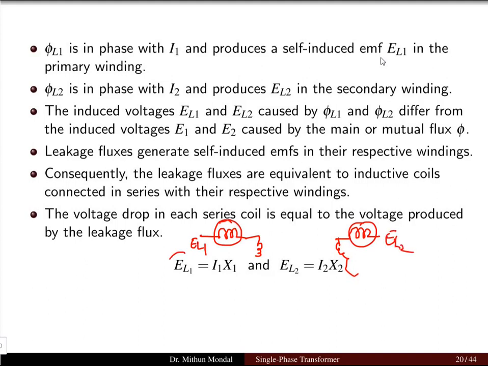So EL1 is nothing but the primary current I1 multiplied with the reactance X1. This is the leakage reactance. So EL2 is given by I2 into X2, where I2 is the secondary current and X2 is the leakage reactance of the secondary side.